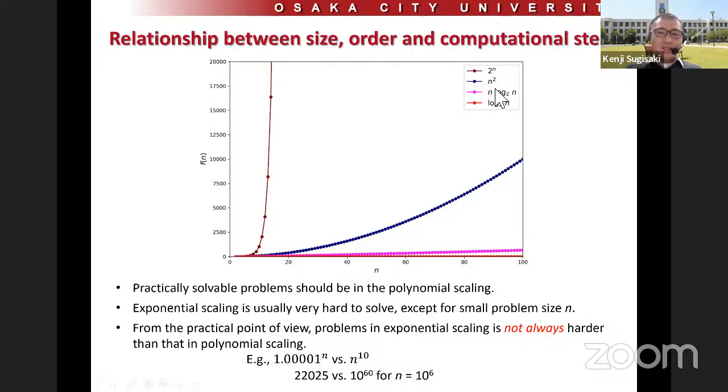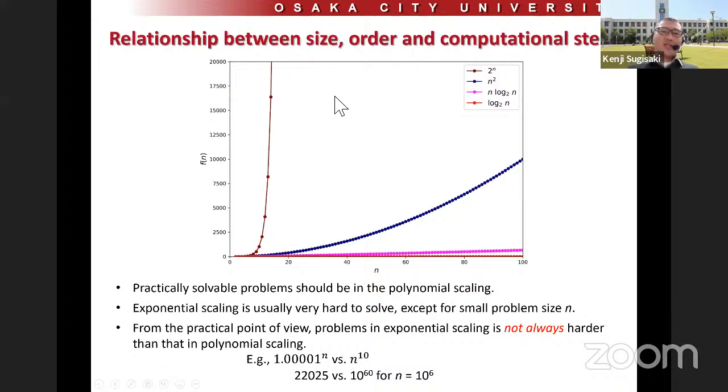But if f(n) equals n squared, in this case, if n equals 100, f(n) equals 10,000. And if f(n) equals 2 to the nth power, f(n) is very small only for small n. But if n becomes large, f(n) strongly increases.